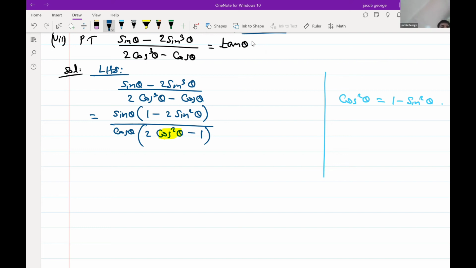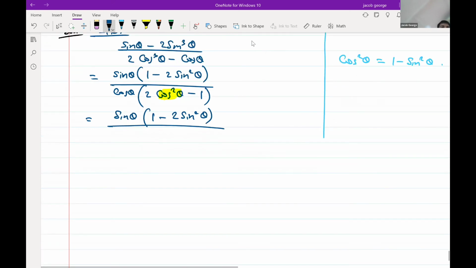So this will be sin theta into 1 minus 2 sin square theta upon cos theta into 2 into 1 minus sin square theta, then minus 1. That means we have replaced cos square theta by 1 minus sin square theta in the denominator.